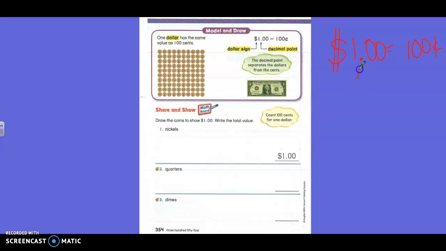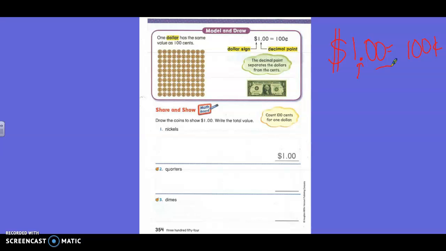You have to put what they call a decimal point, which is a period, to split the dollars and the cents, to show that you have this many dollars and this much cents, if you ever have any cents. Does that make sense? The decimal point separates the dollars from the cents.